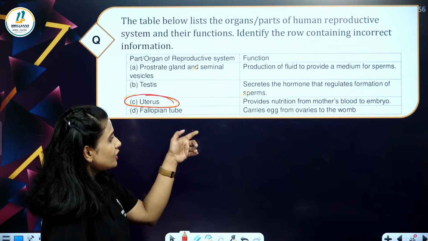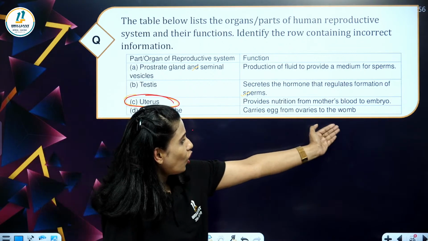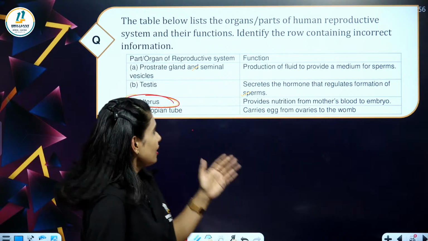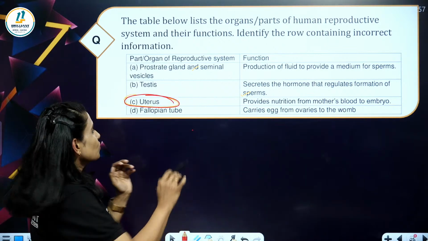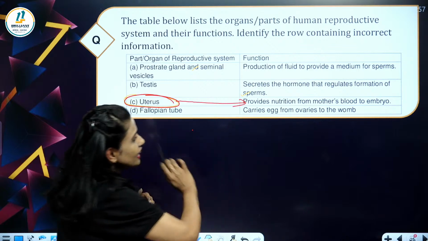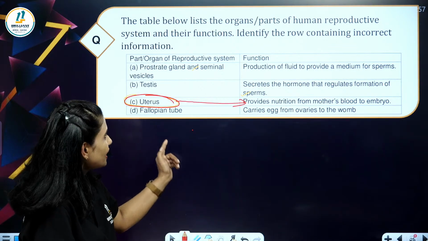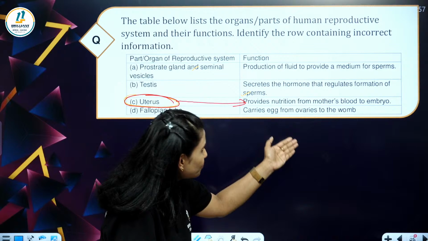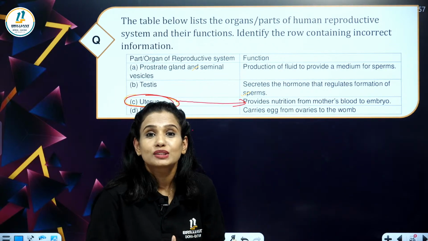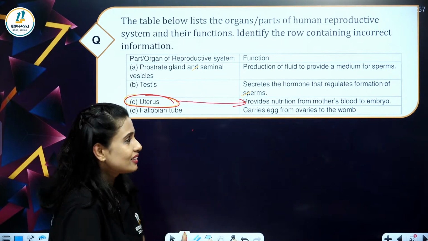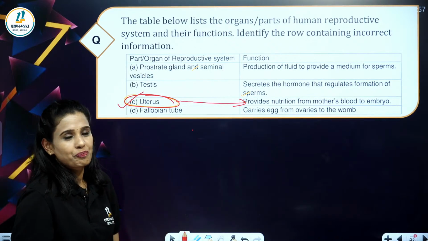See the last one, fallopian tube carries ovum from ovaries to womb. That is also correct. So which is the incorrect one? That is uterus, which provides nutrition from mother's blood to embryo.